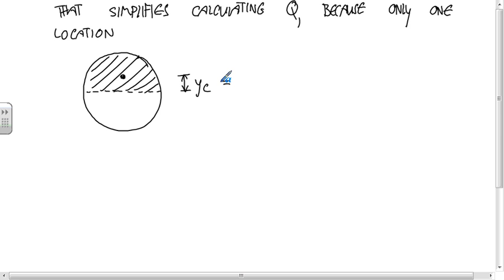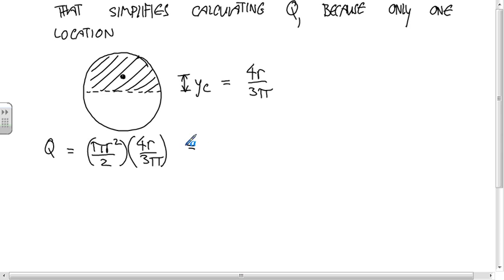Y sub c, you can just look this up in the centroid formulas, and this is 4r over 3 pi. And so Q is equal to the area, which is pi r squared over 2, times y sub c, which is 4r over 3 pi.